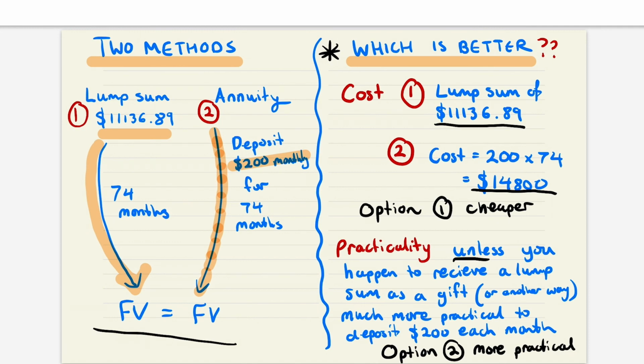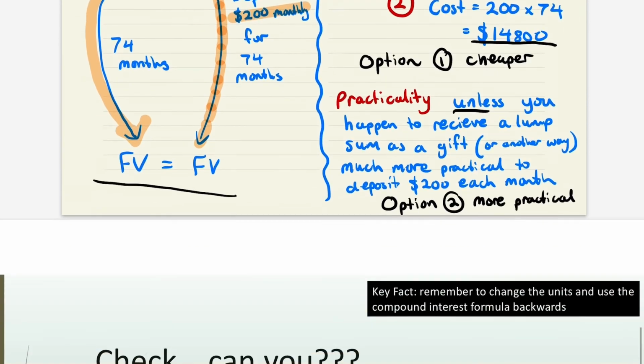So, which is better? Well, if you've got a lump sum, it's going to be a cheaper return than holding on to that amount and slowly putting it in. However, it's less viable or practical for us to have large amounts of money sitting around, and so it's more practical for us to deposit $200 each month.